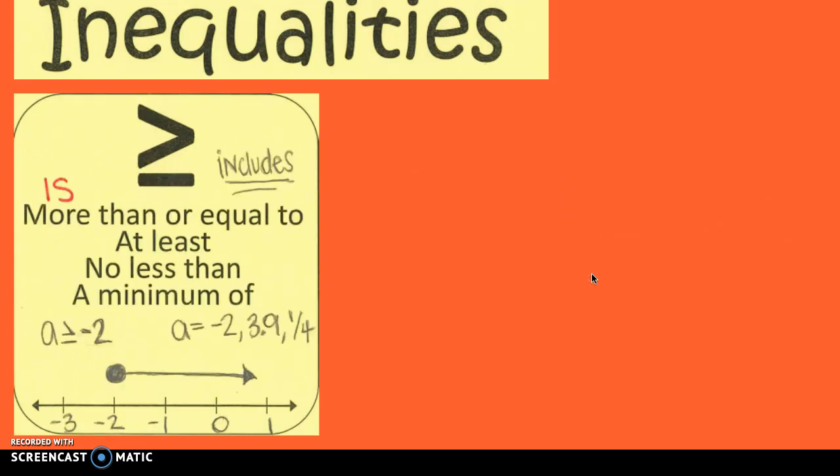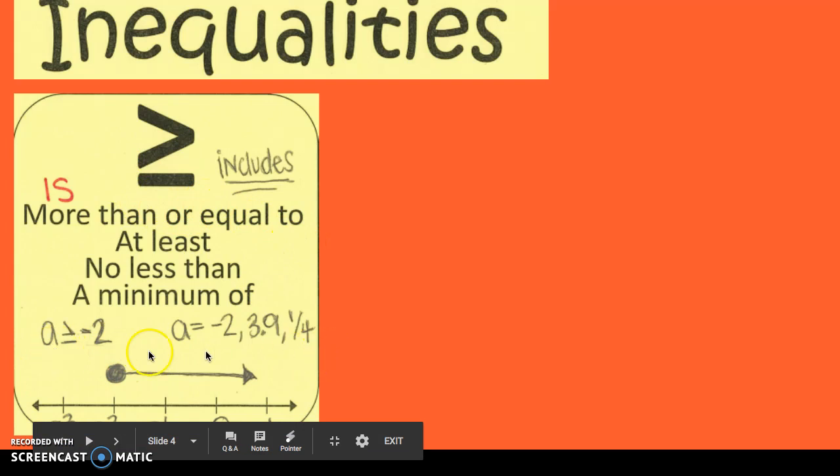All right, now we're getting into the symbols that have or equal to at the end of them, which indicates that we include the number that's being compared in the situation. So is more than or equal to, at least, no less than, a minimum of, all could be words that we look for within our situations to help us identify that we want the greater than or equal to symbol.